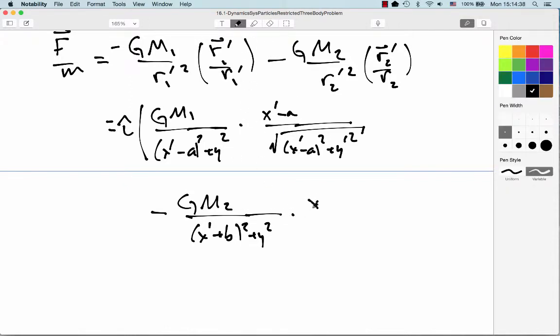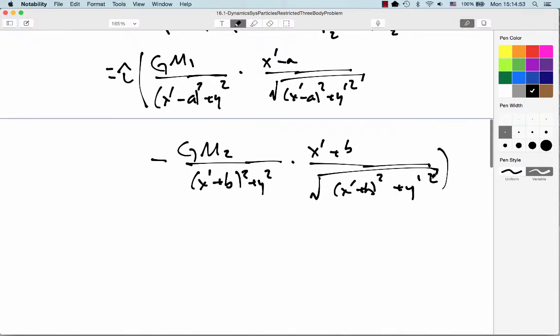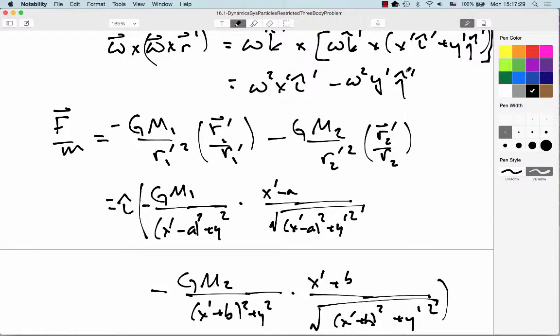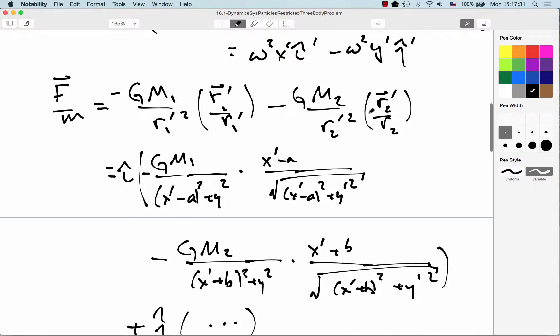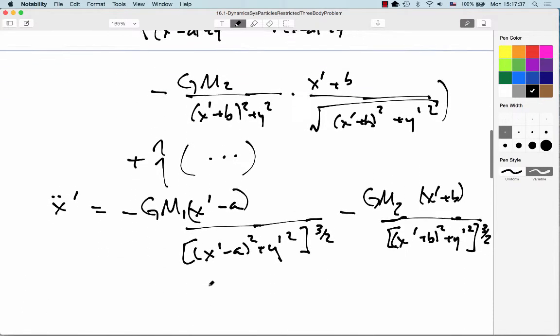And that component will be x prime plus b over root x prime plus b squared plus y prime squared. Awesome. And then there will be a similar term for y that I lack the energy to write.